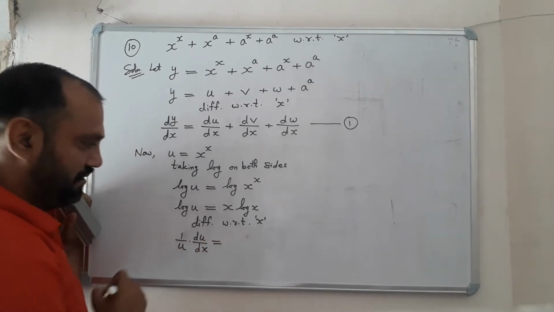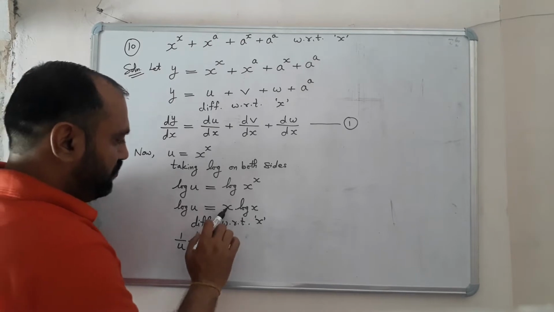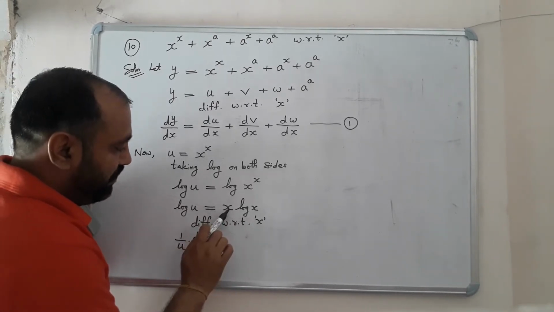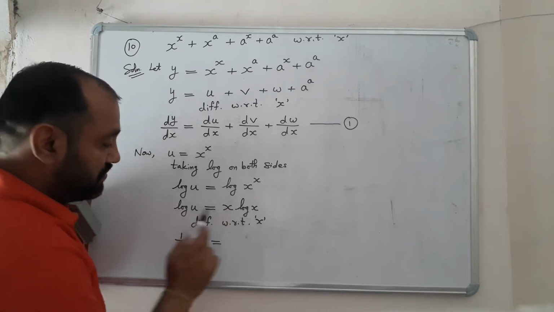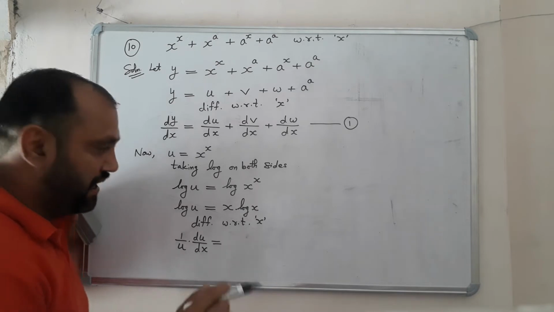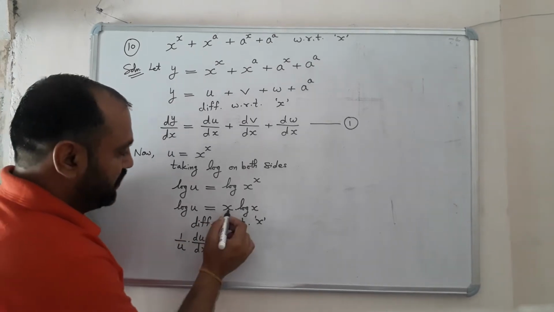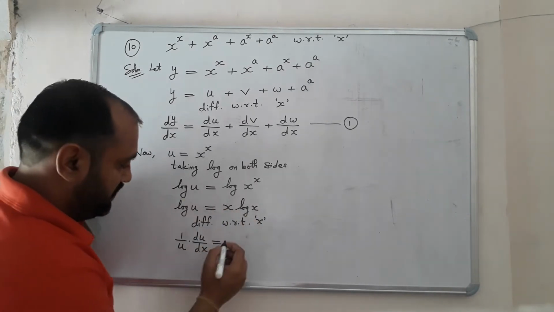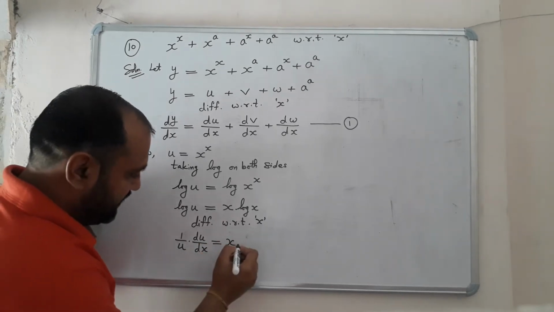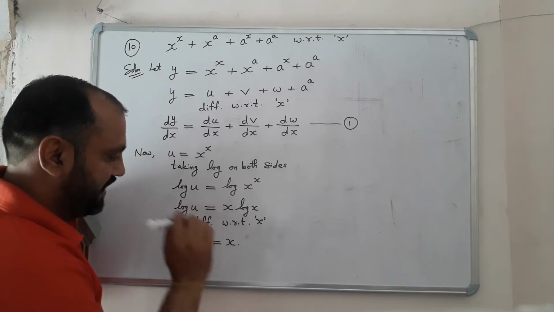And this is equal to, now when you find the derivative of this function, this is the product of two functions, so you can apply the product rule here. First as it is, x as it is, into derivative of second.